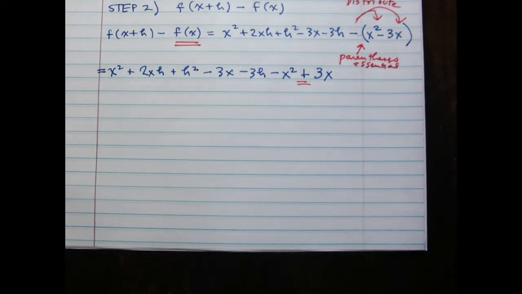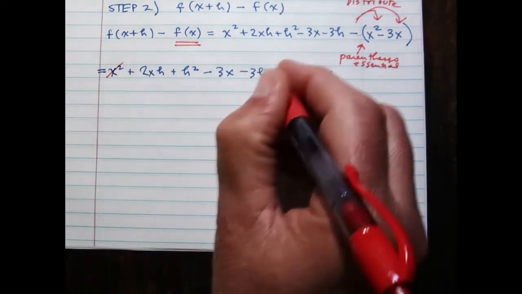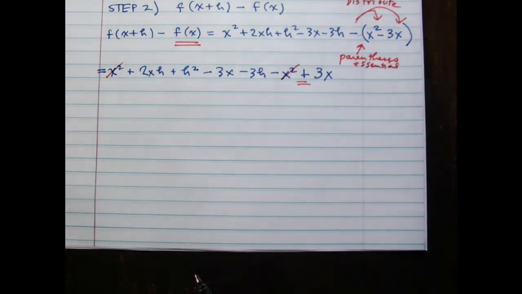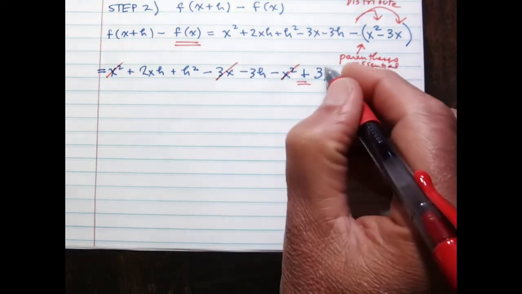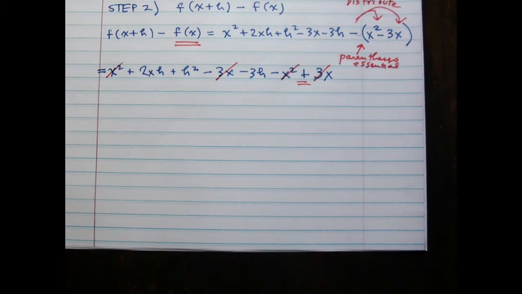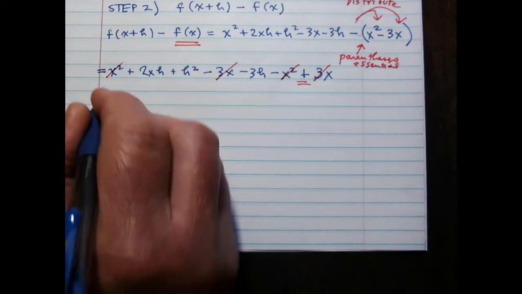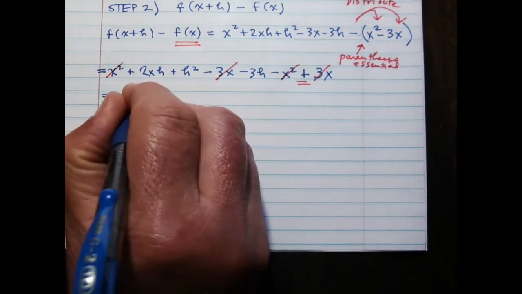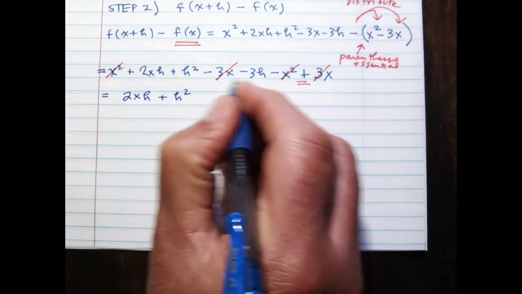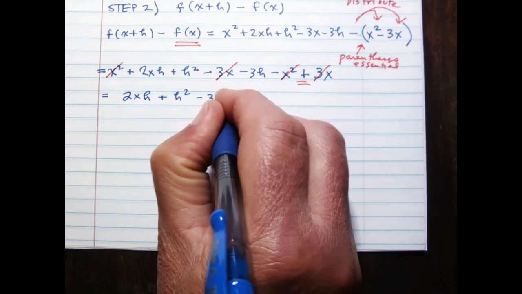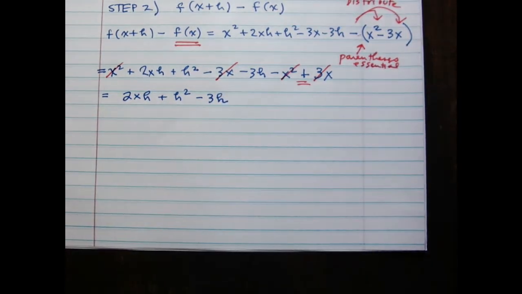Because now I think I do have some like terms I can combine. X squared minus x squared is 0. And I have a minus 3x and a plus 3x is 0. So I still have a lot of stuff, but I have 2xh plus h squared minus 3h is what I end up with.